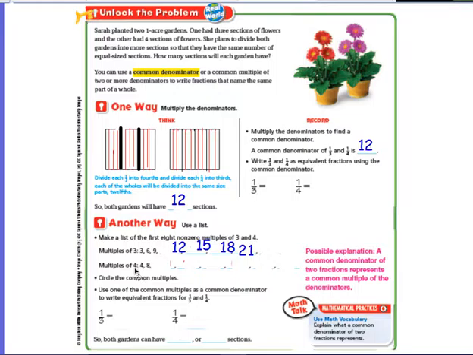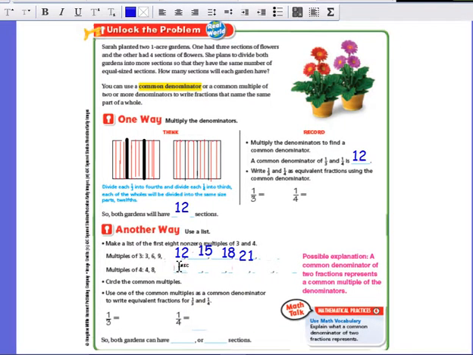And as you know your multiplication, this will get a lot faster. My multiples for 4 are 4, 8, 12, 16, 20, and 24.